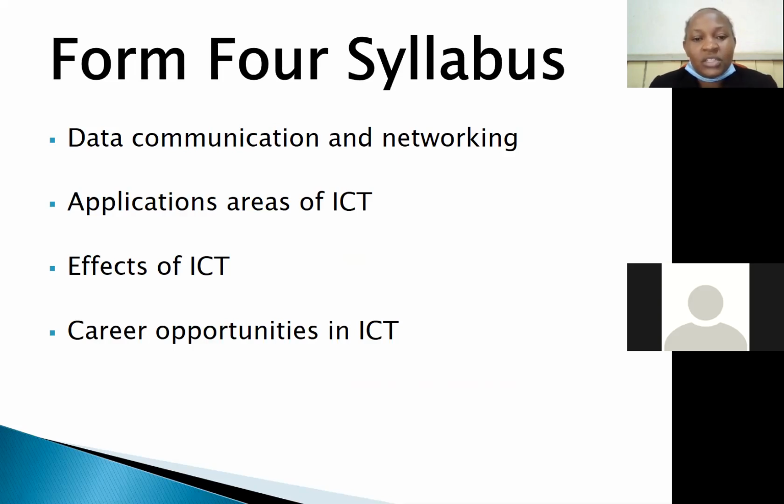As you are answering, you should check whether your answer contains the use and technology. If your answer does not contain those 2, then it's not a good answer. It's not a right answer. So the right answer in this area, application areas of ICT, should show the use and the technology.